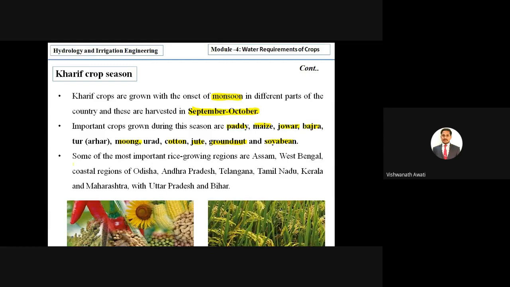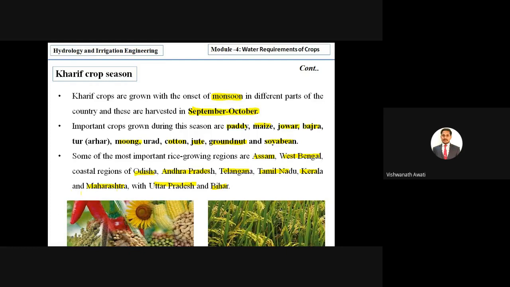Then some important places where they mainly grow paddy and other Kharif season crops are Assam, West Bengal, coastal regions of Odisha, Andhra Pradesh, Telangana, Tamil Nadu, Kerala, Maharashtra, Uttar Pradesh, and Bihar, and you can even see the coastal lines of Maharashtra and Karnataka.